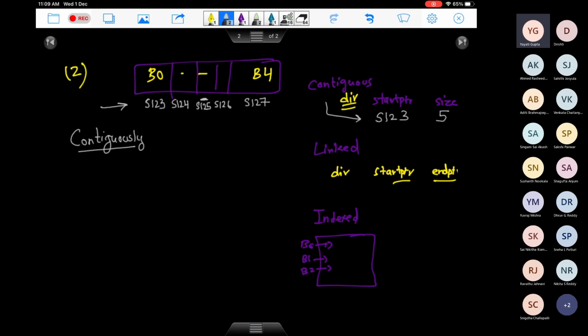So this block at the location in sector 125, that you want to remove from your file, that you want to delete, what will you have to do? After you remove the block, just give me a second, I'll unshare and share my screen again. There's some problem, it's not reflecting.